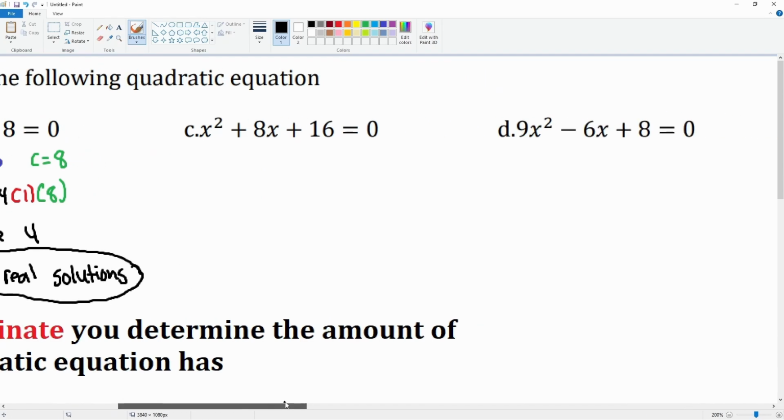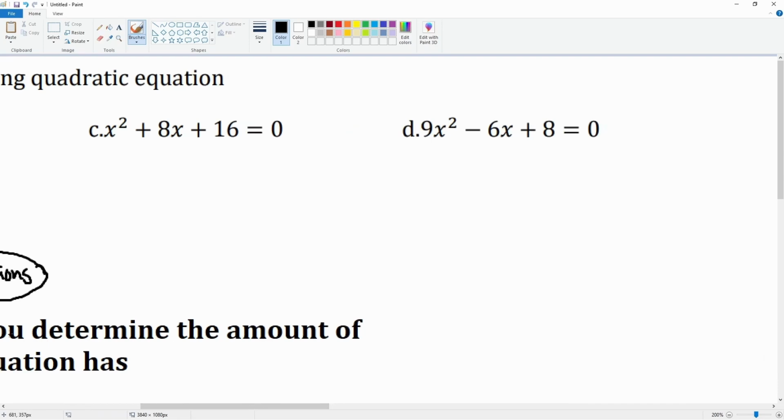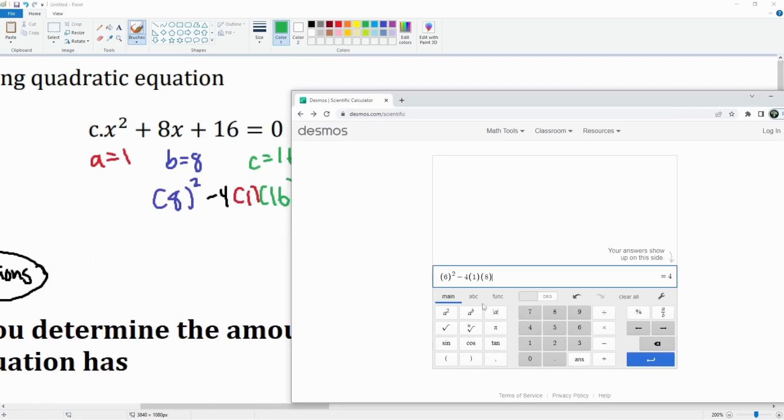And then here, let's look at c. We repeat the process. a equals 1, b equals 8, and c is equal to 16. We plug it into our formula for the discriminant. b squared, so 8 squared, minus 4 times a, which is 1, and c, which is 16. All right, we use a calculator to check our work.